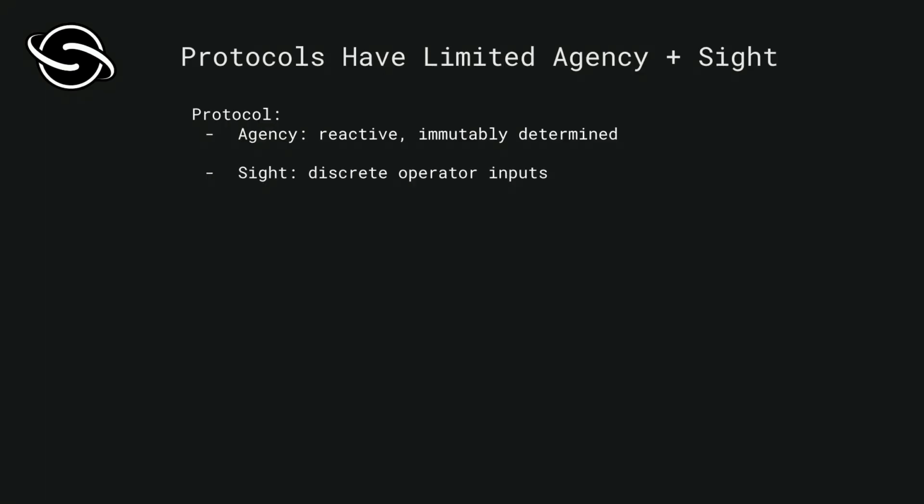So in summary, protocols have limited agency. The result of this is that in order to modify your protocol, you need to directly modify your consensus. Sadly, this is a pretty long process, it takes a lot of time, and it's a pretty high context process, right? I need to be fully aware of the consensus engine and the implications of any modifications I make to it.